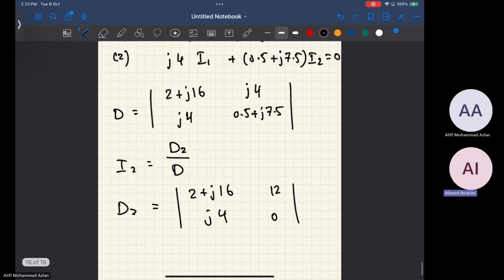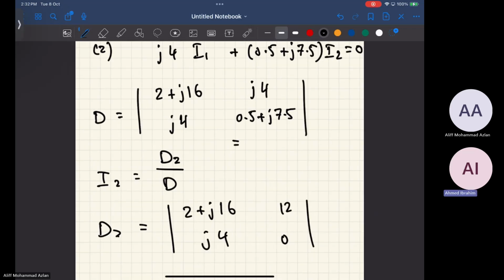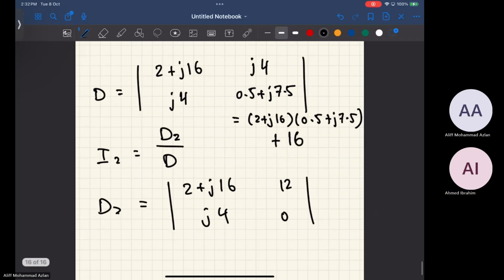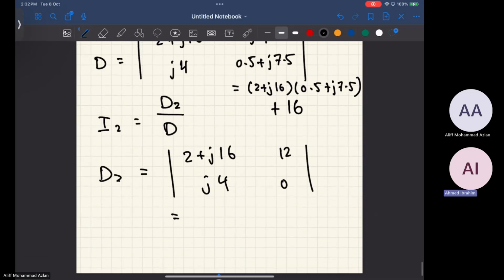So calculating these two determinants is straightforward. This one's just (2 plus j16) times (0.5 plus j7.5) minus j squared, which is a plus, 4 times 4 is 16. And this one, we have this number times 0, so we get a 0, and then minus j48.